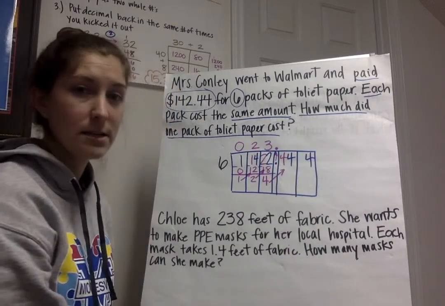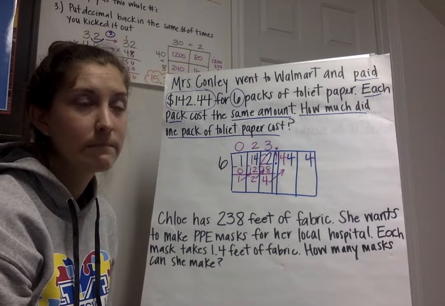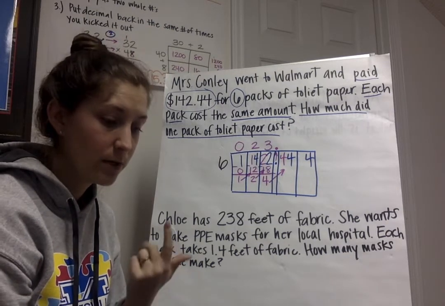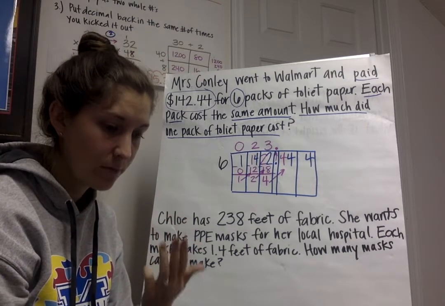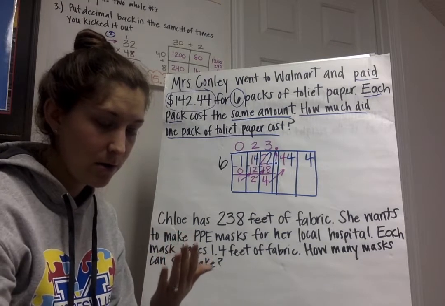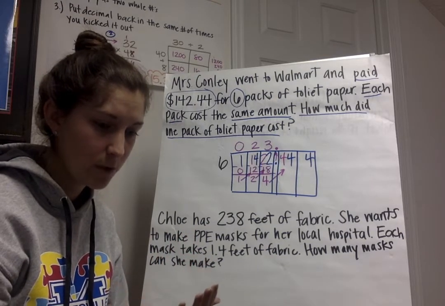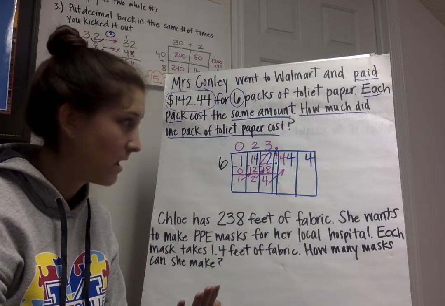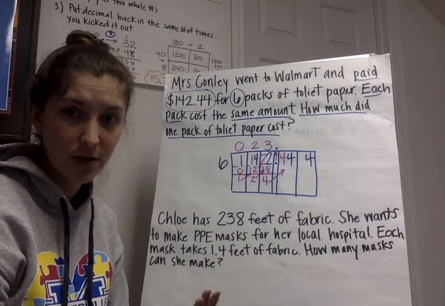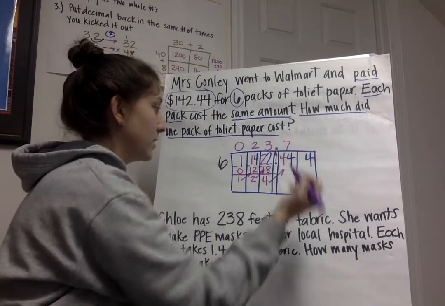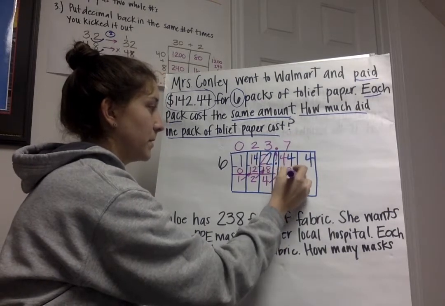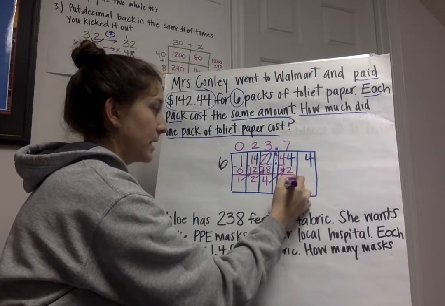How many times can 6 go into 44? Let's see. 6, 12, 18, 24, 30, 36, 42, 48. 48's too big, so I've got to go with 7. I know that 6 times 7 is 42. When I subtract, I get 2.